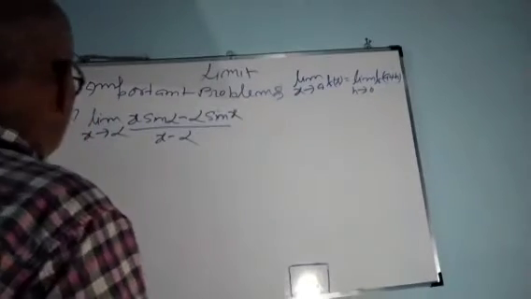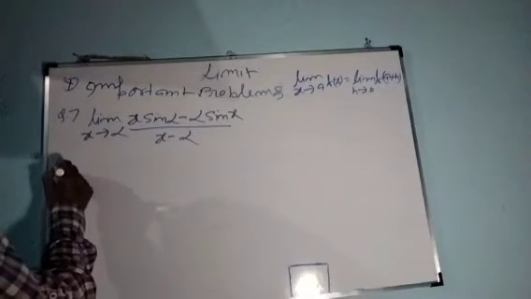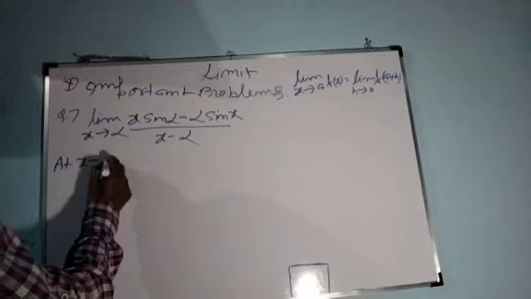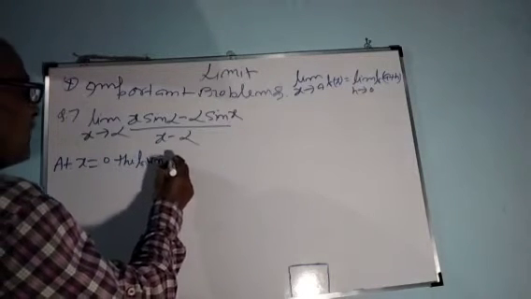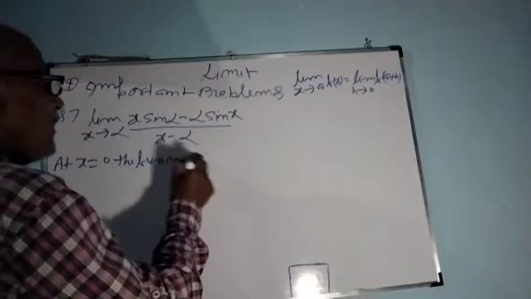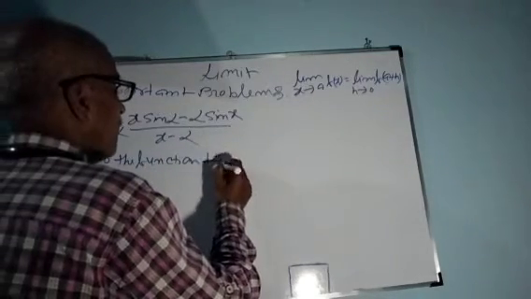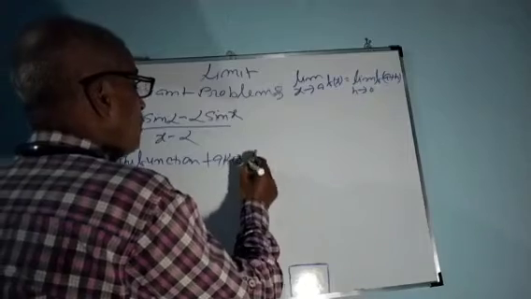Let us see. At x equal to alpha, the function takes the form 0 by 0.